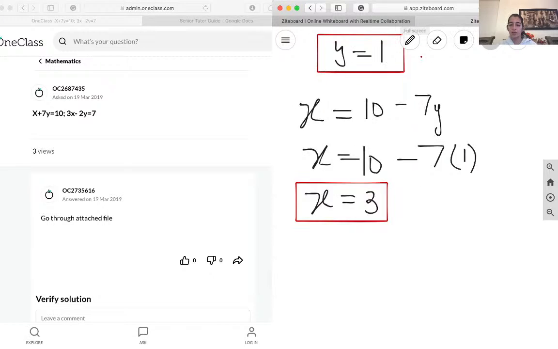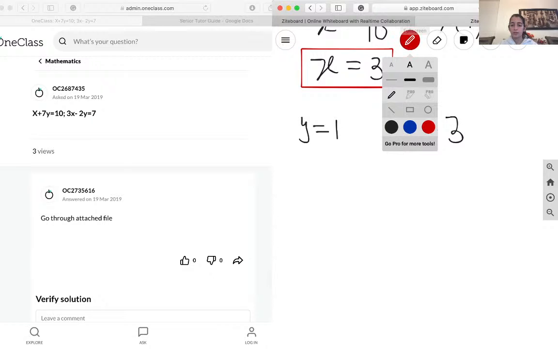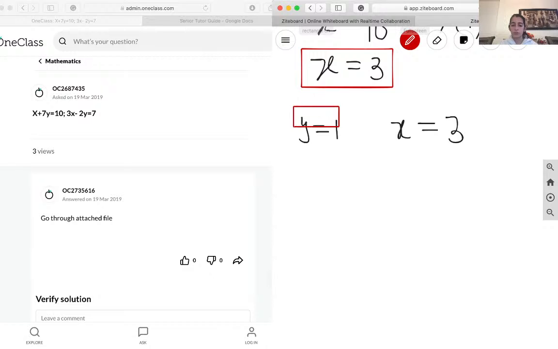We can write them down at the bottom. y is equal to 1. This is not necessary, but you can write it down if you want to. x is equal to 3. Again, I'm just going to square it.